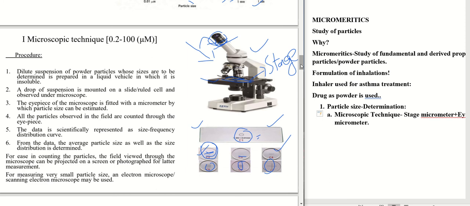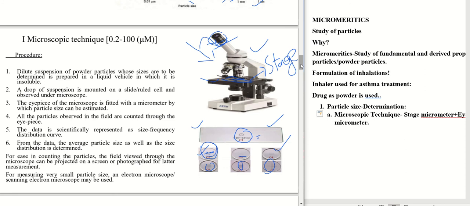Take the powder and make it a suspension by adding a vehicle in which the powder is insoluble. It should not make a solution. You should prepare a suspension, so make sure you select a vehicle in which the given powder is insoluble. Thus we get a suspension.